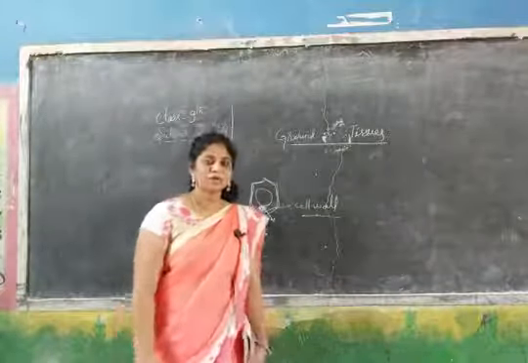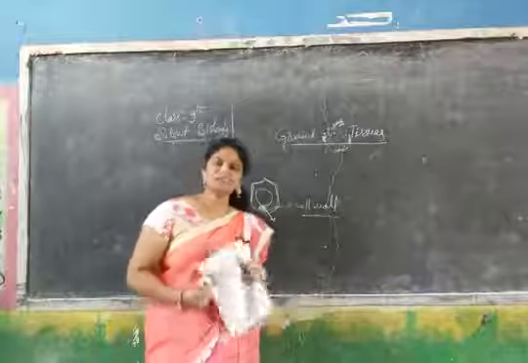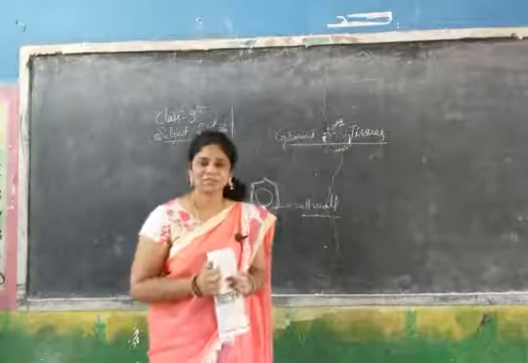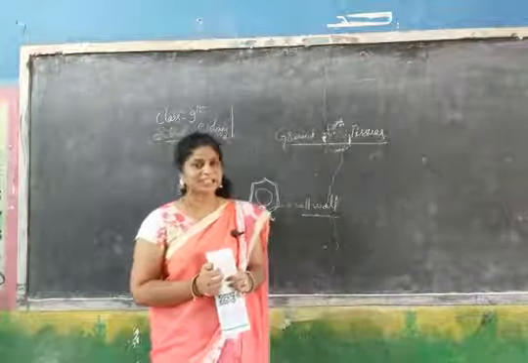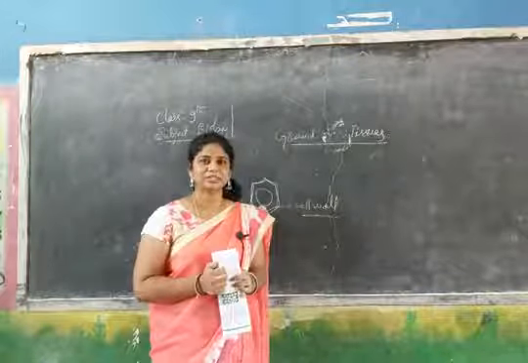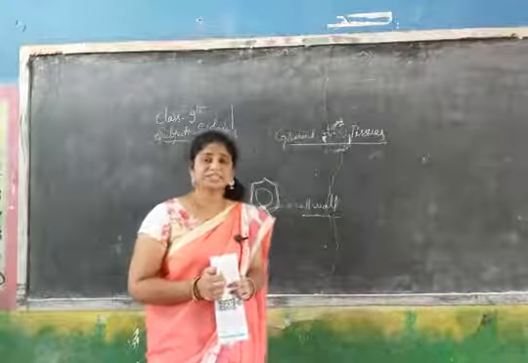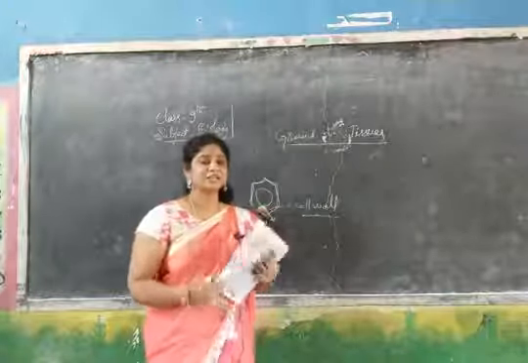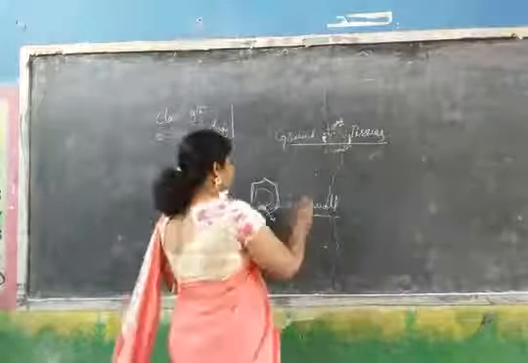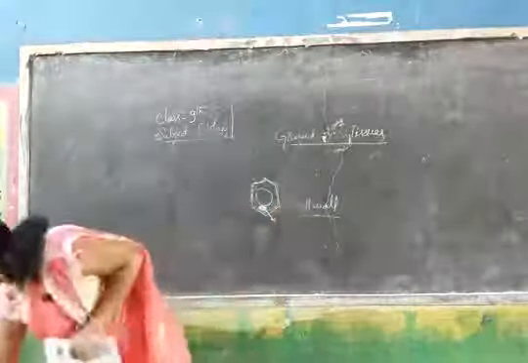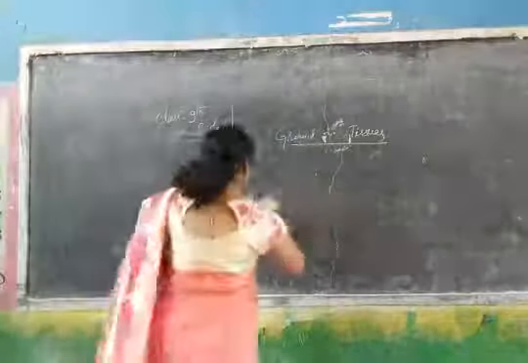Based upon the cell wall, the thickness of the cell, its intercellular spaces and storage function, the ground tissue is divided into three types.